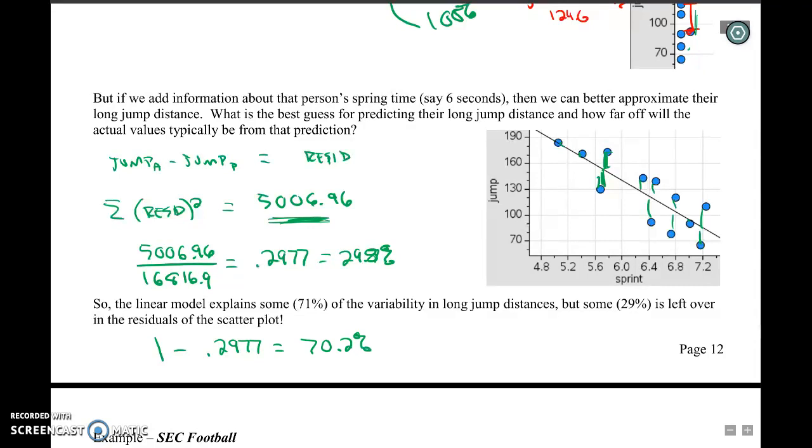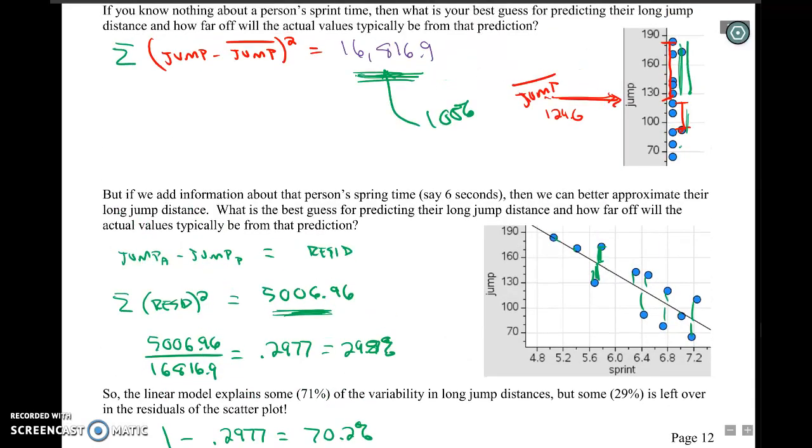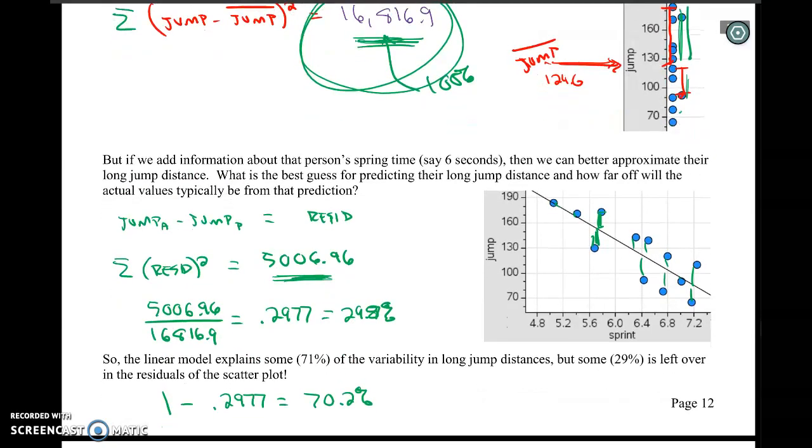So to summarize, if any of this makes any sense at all, when I didn't have a predictor at all, this is how much error I had. 100% of the variability in y was unaccounted for. But when I made my linear model and used sprints to predict it, it lowered those errors, the variability in my jump, to this much, meaning 29% of the variability of y is now left unaccounted for, which means that my model accounted for 70.2% of the variability in y.